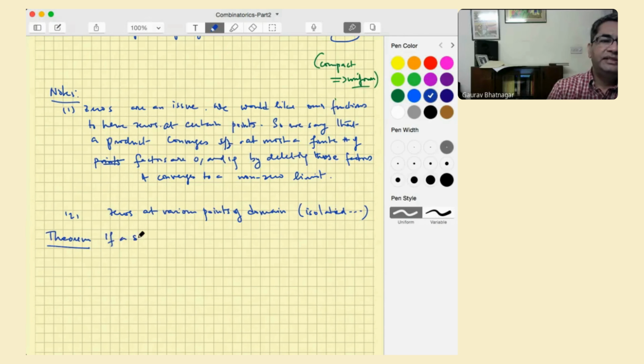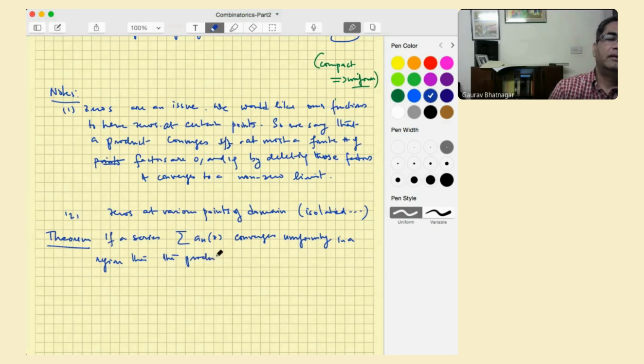So if a series, the summation of a_n(z), converges uniformly in a region, then the product, I mean, we are using the previous theorem. So you want 1 plus a_n(z).